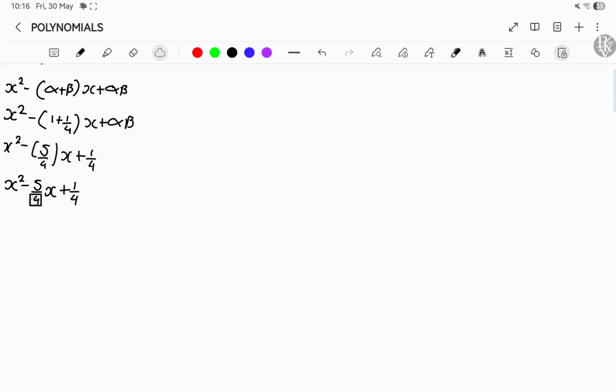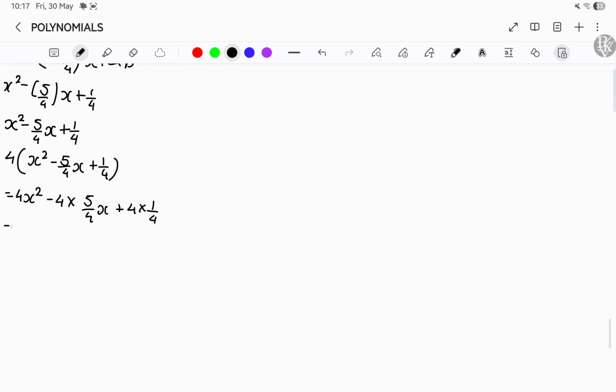You can check the first chapter's one short video and you will understand. What you do is that you multiply this entire polynomial by 4. This will be equal to 4x square minus 4 into 5 by 4 x plus 4 into 1 by 4. Okay, so now this will be equal to 4x square minus 5x plus 1, as the 4s get cancelled.